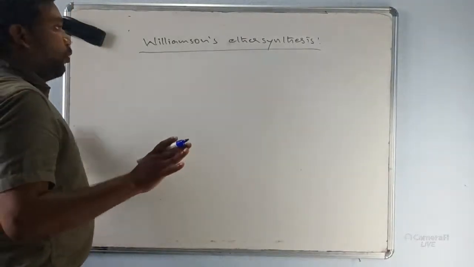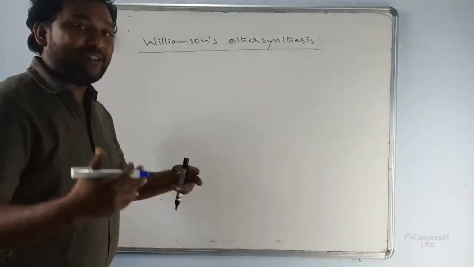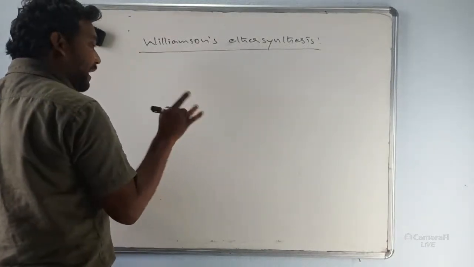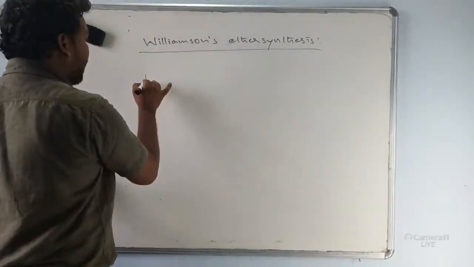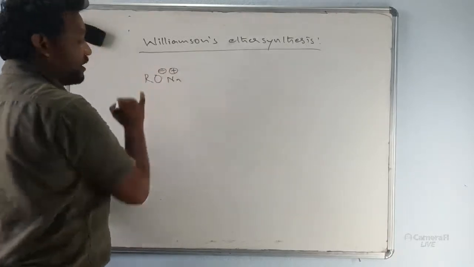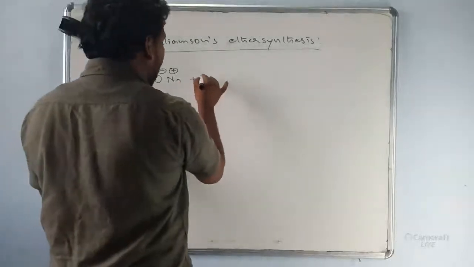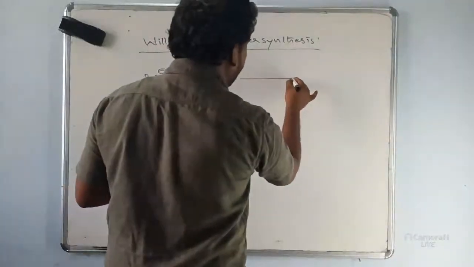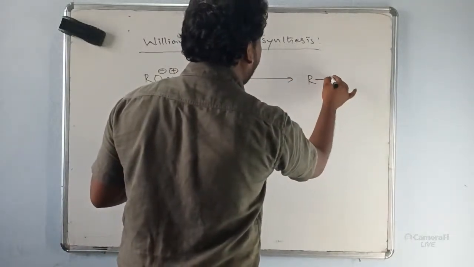So generally, what is the Williamson synthesis? As we know, it is the reaction used to prepare ethers. The reaction of alkoxides, sodium alkoxide, with alkyl halides results in the formation of the respective ether.